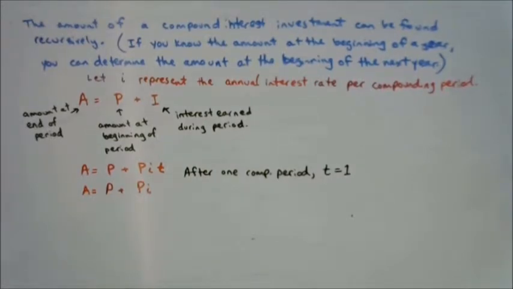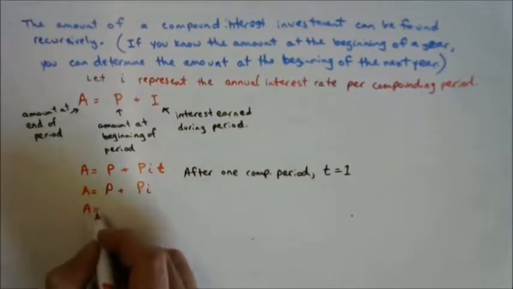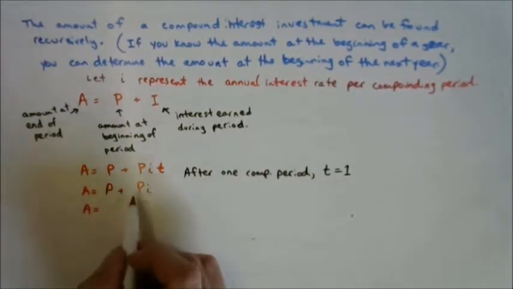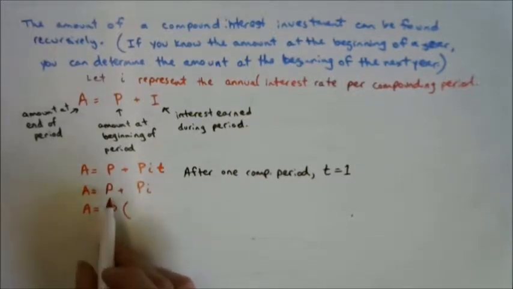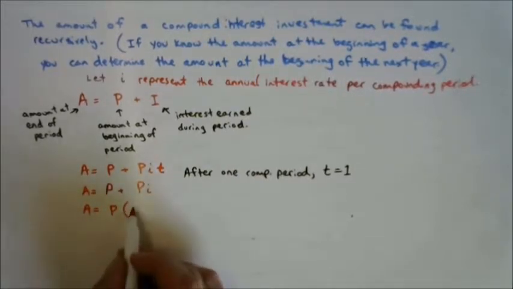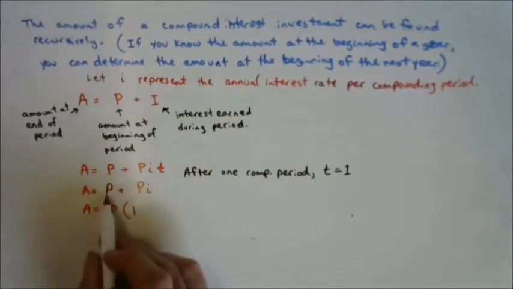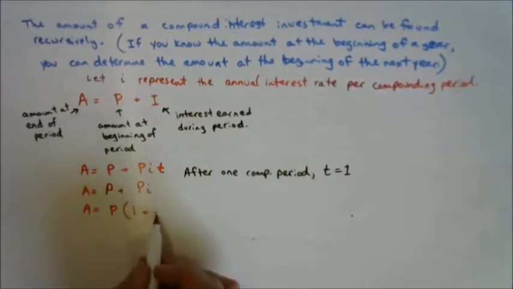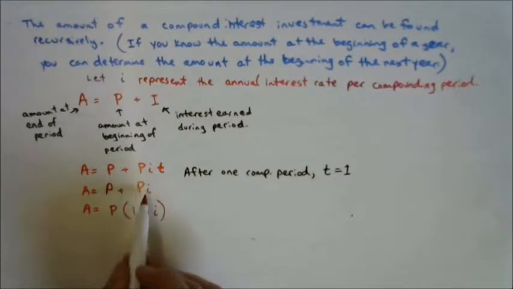Well, we can use our algebra skills to factor this expression. We can pull the P out of both of these terms, and if we pull the P out of this factor, we're just left with 1. 1 times P is P, plus i times P is iP, or Pi.